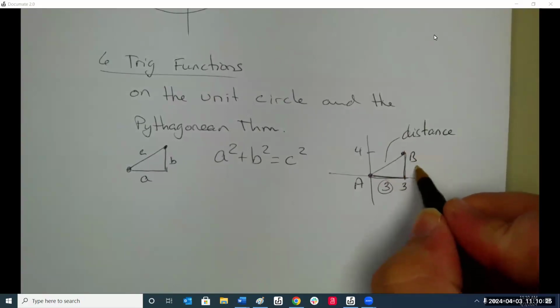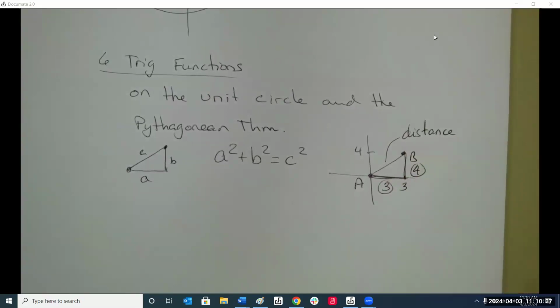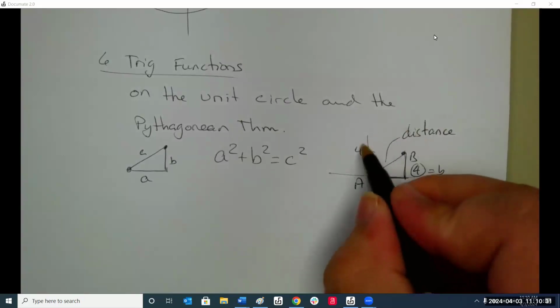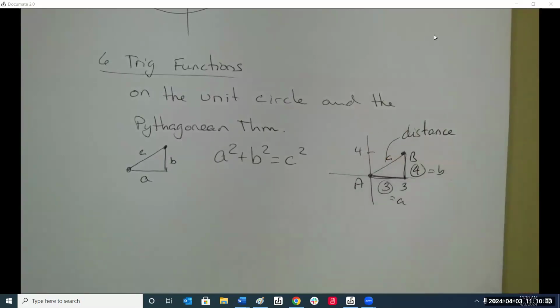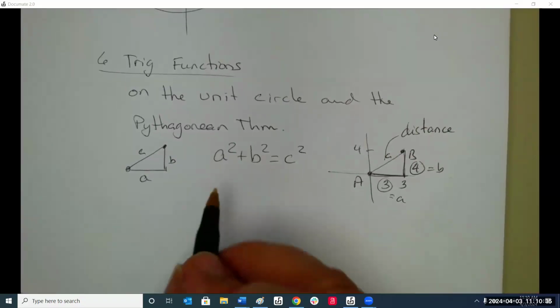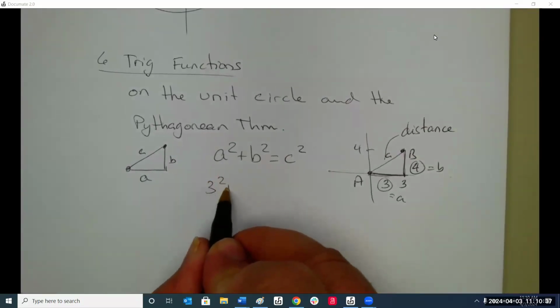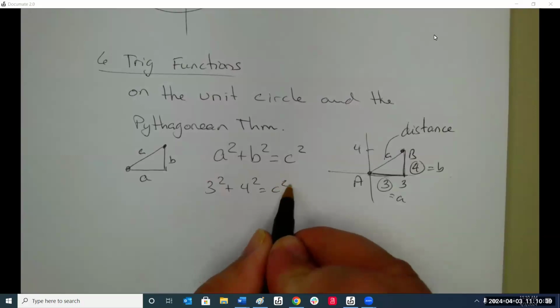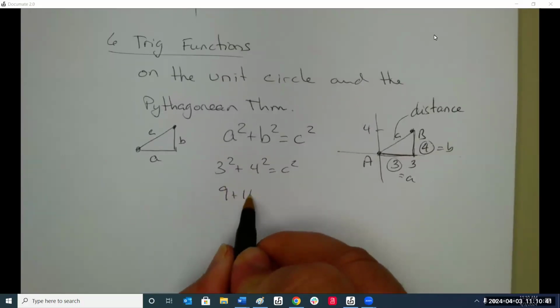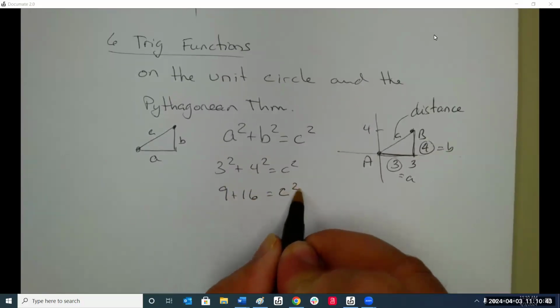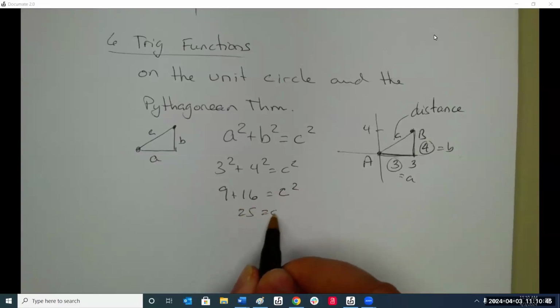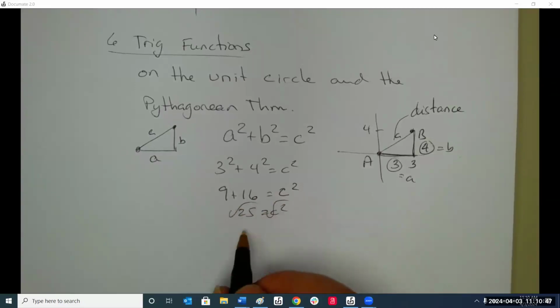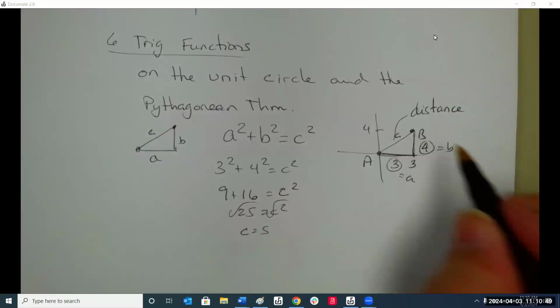It goes up 4 units. This is B. I can figure out what C is by using this formula: 3 squared plus 4 squared equals C squared. 25 equals C squared, square root both sides. C is 5.